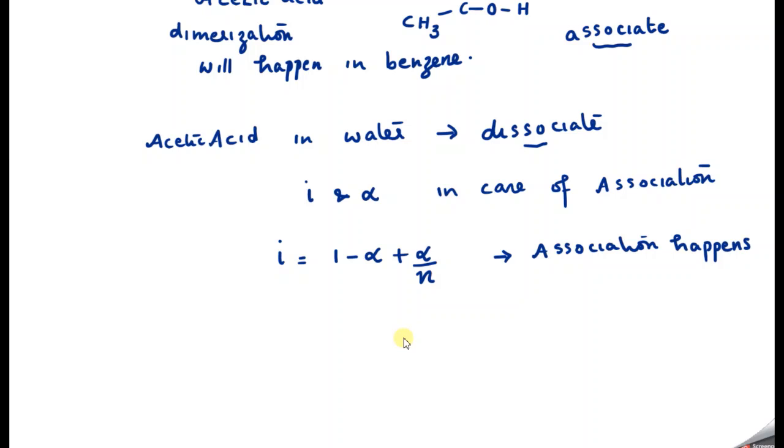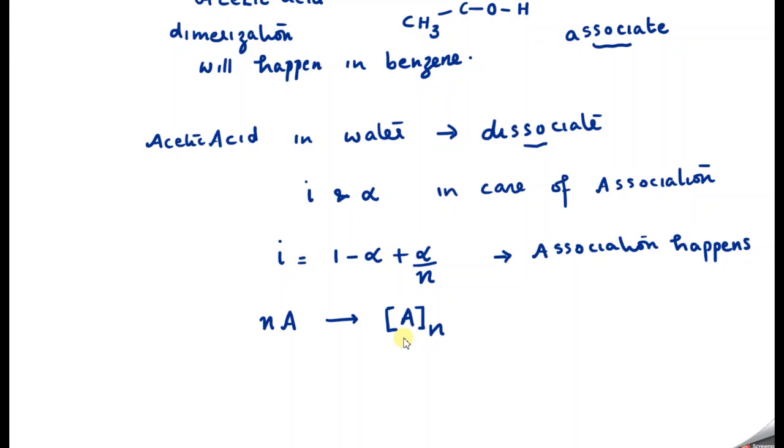But the basic fundamental is you have n moles of A. A can be any compound. Suppose n moles are there. When it undergoes dimerization, what will happen is this will form a single molecule, and this value will be n.